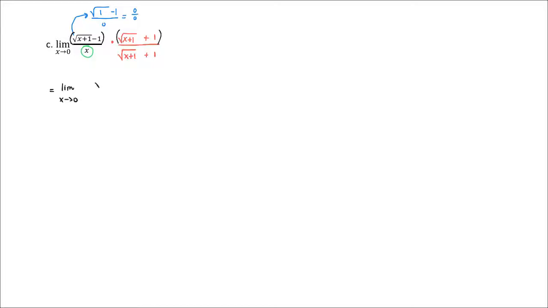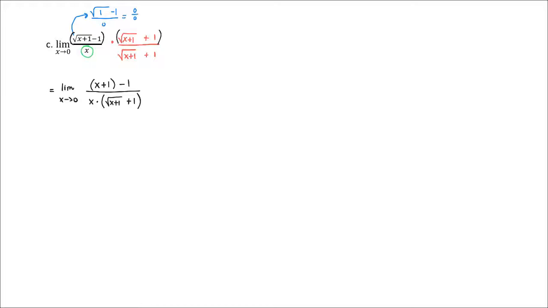So that's going to give me x plus 1 minus 1 divided by x times the square root of x plus 1 plus 1. I will not distribute this x right here, I want to leave it factored out because remember what you want is to cancel that x out. So leave it there. Don't integrate it with the rest over here.